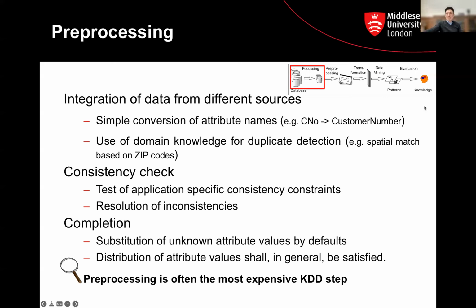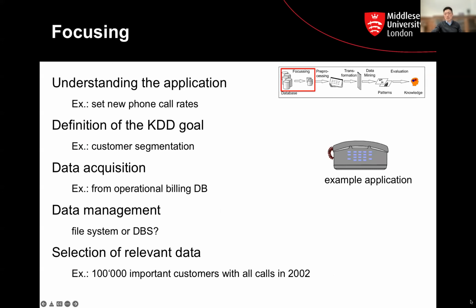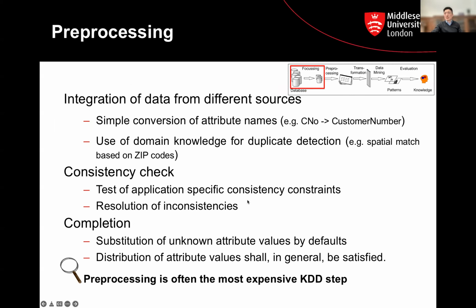And obviously you need to do checks to ensure the data is correct. Even for telephone companies, the data is not always correct. For example, you may want to remove duplicate records and make sure the data is consistent. Say, it's unrealistic that people can make more than 24 hours of phone calls a day.